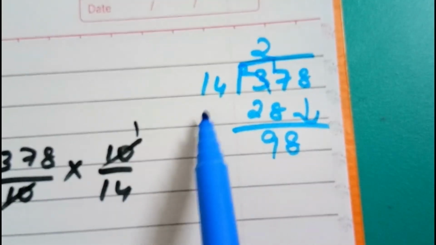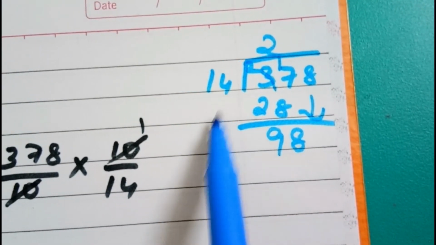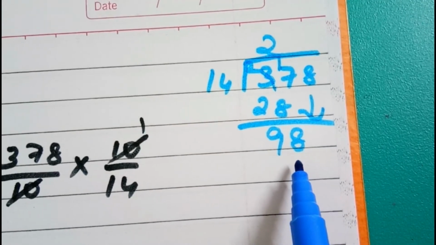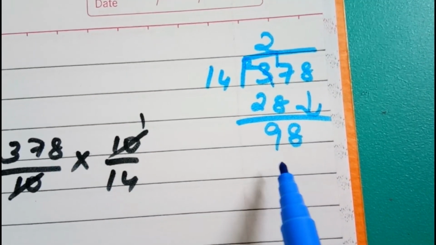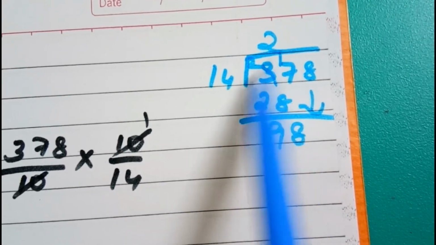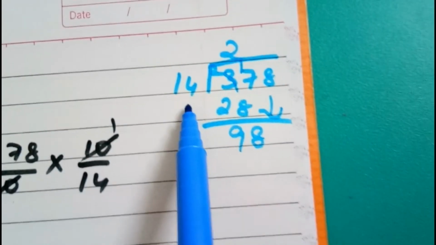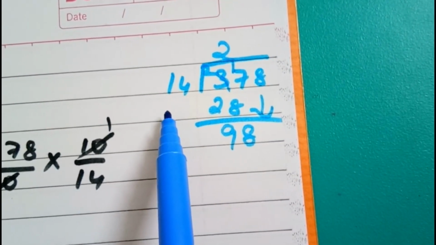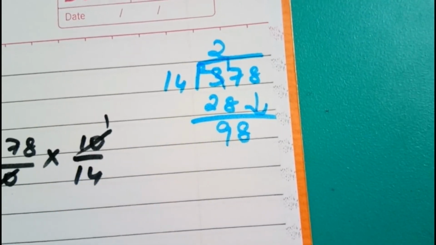How will we calculate this the easy way? Just say the table of 4 when you get the last number as 8. 4 ones are 4, 4 twos are 8, which is not possible because 98 is bigger. So say 4 threes are 12, 4 fours are 16, 4 fives are 20, 4 sixes are 24, 4 sevens are 28.